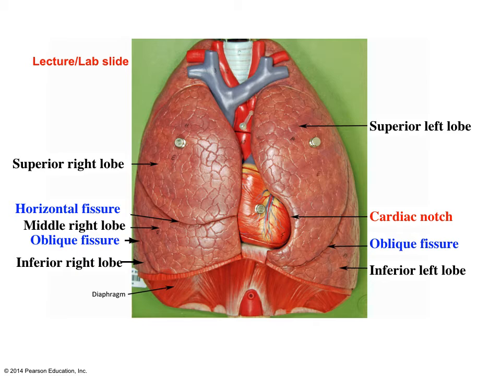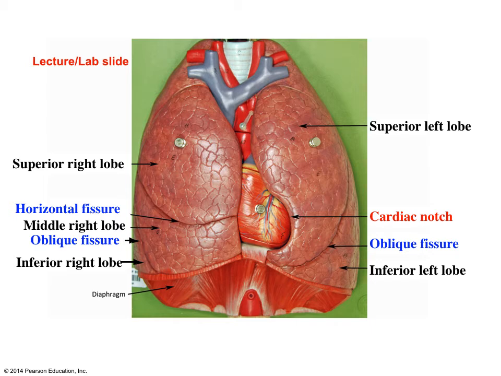This is a photo of a plastic model of the lungs indicating the cardiac notch in the left lung and the various fissures or indentations. The left lung has one oblique fissure and two lobes.